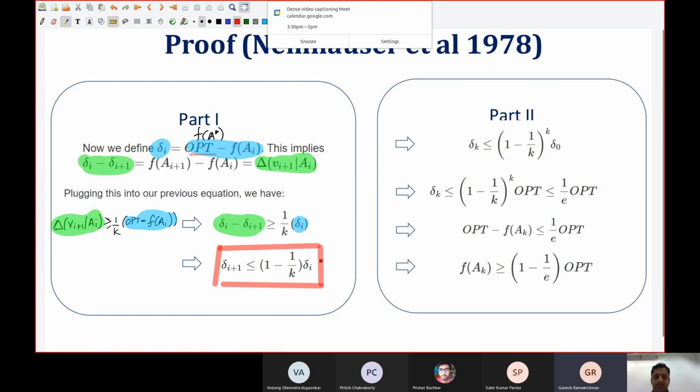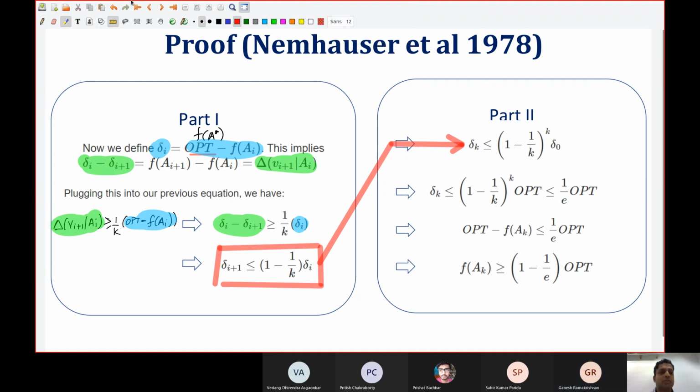Now I can apply this, right? I can apply this recursively. That gives me delta k is less than or equal to 1 minus 1 over k, the whole raised to k. Apply this again and again, right?